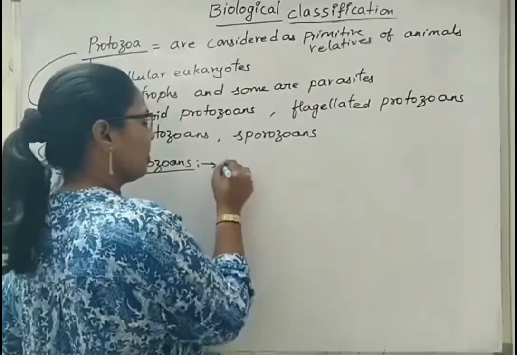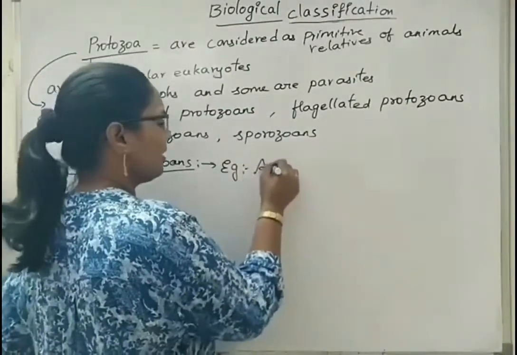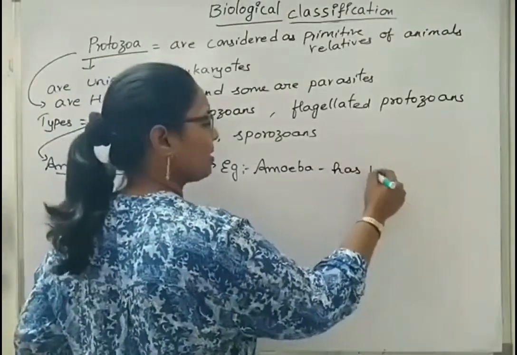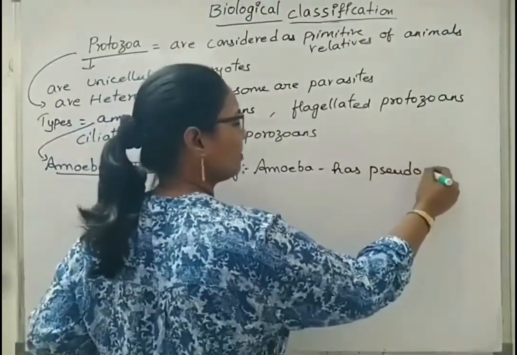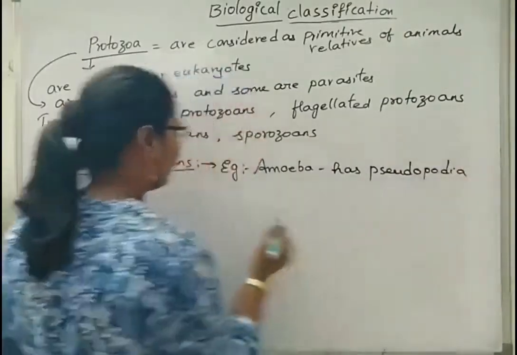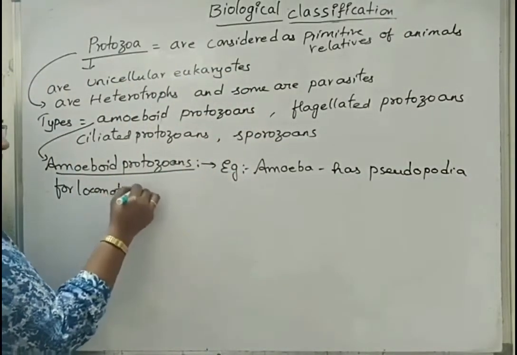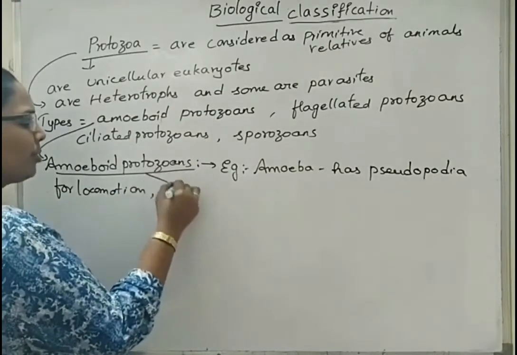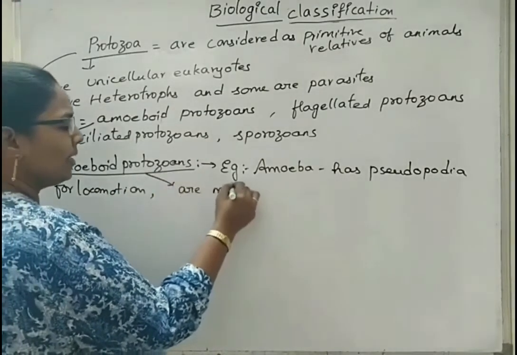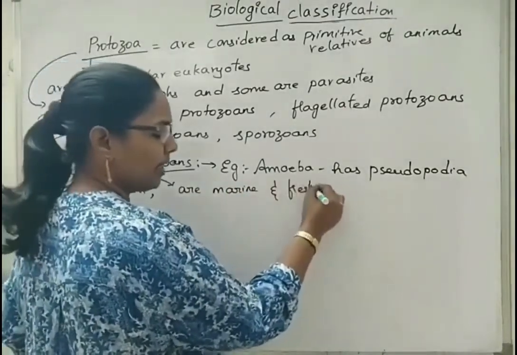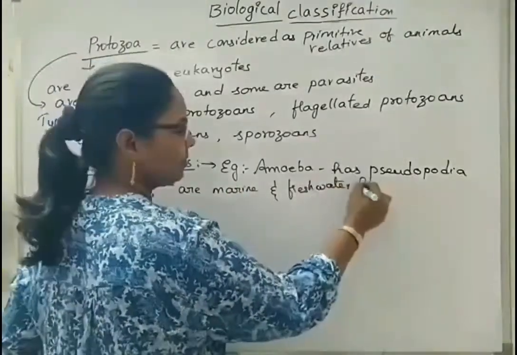So, the example of amoeboid protozoans is amoeba, which has pseudopodia for locomotion. Amoeboid protozoans are marine and freshwater forms.